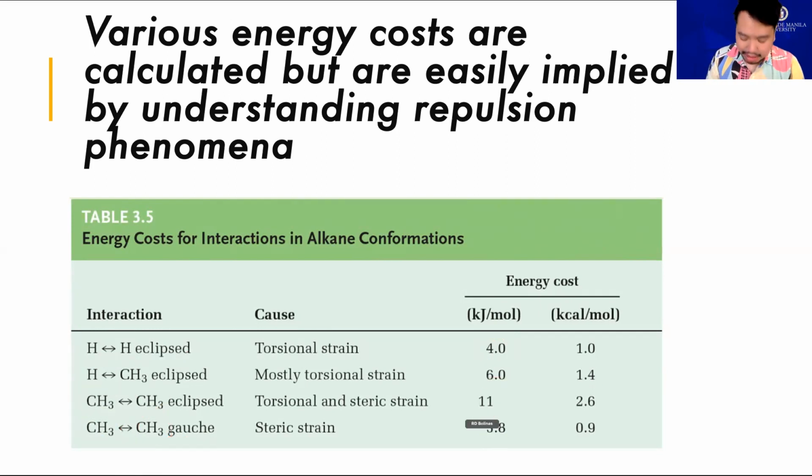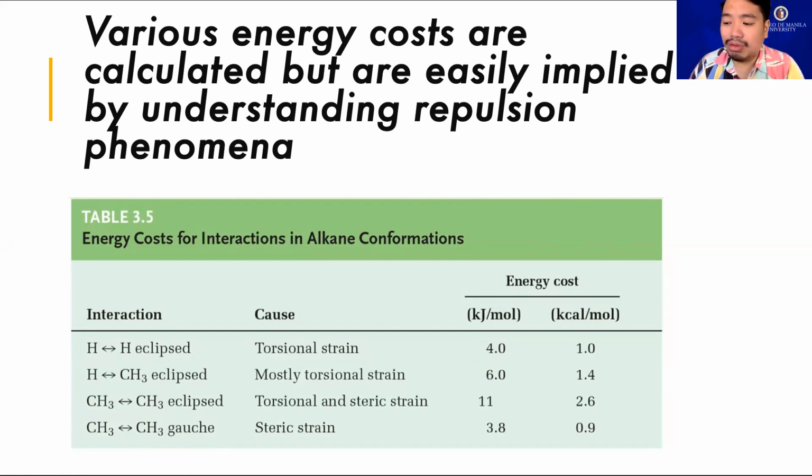So notice, bigger groups interacting will cost more energy. The bulkier or bigger a certain group is, the more energy it will cost if it's near, blocking, or interacting with other groups. The table goes on. Of course, it's not just hydrogens and methyl groups that exist; you'll have other functional groups as well.